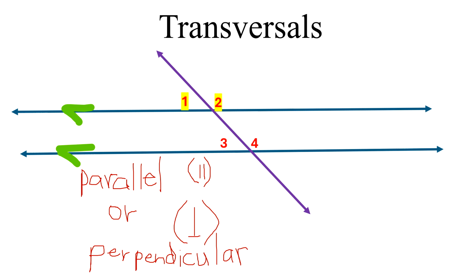Also, when we're dealing with these lines, this is called a straight line. But also, if you're dealing with geometry and you want to do this, you want to call it a straight angle. And a straight angle equals what? 180 degrees.